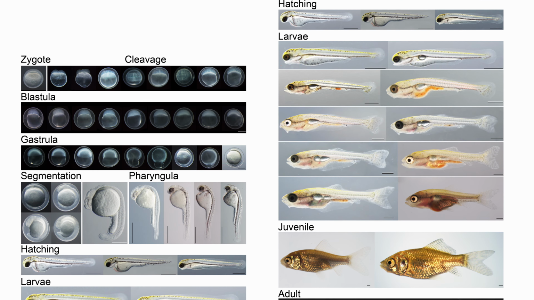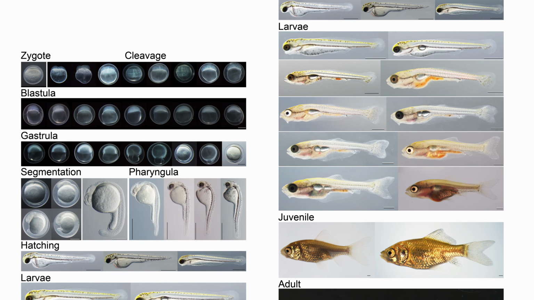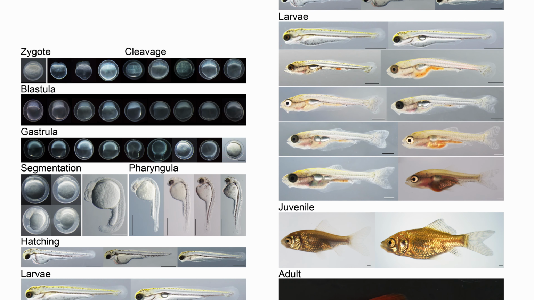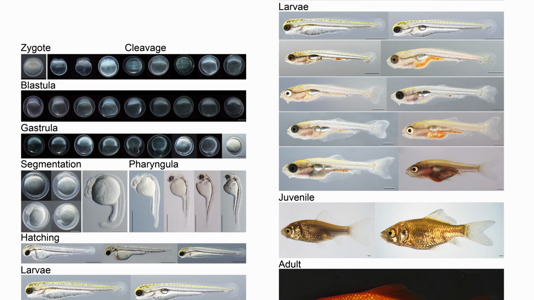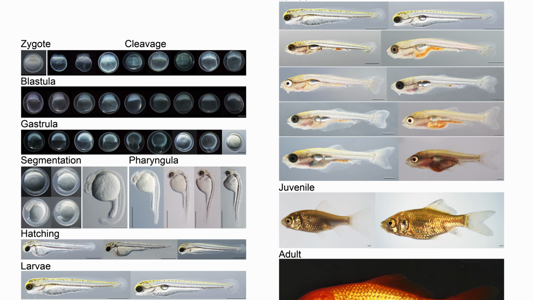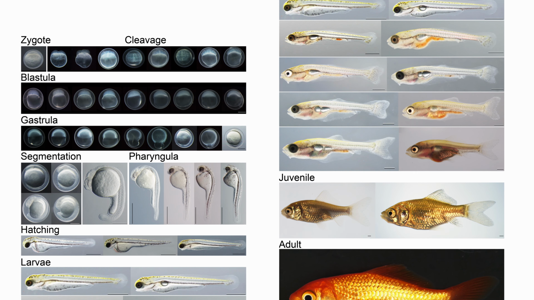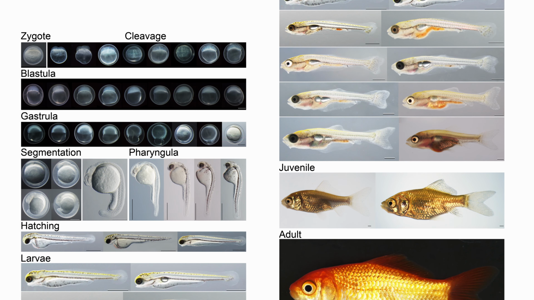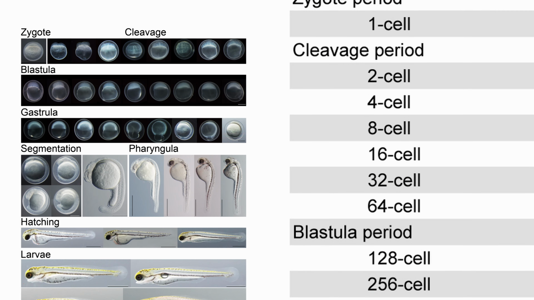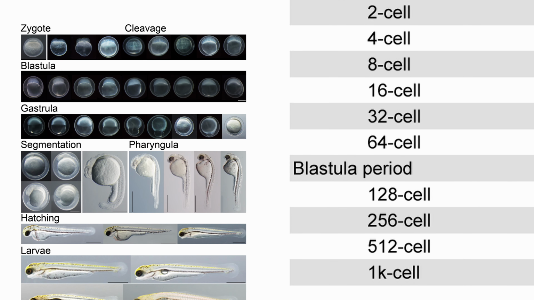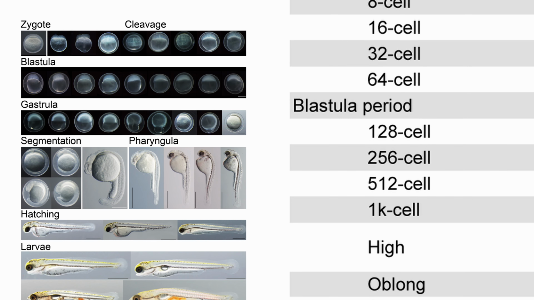Here are photos of goldfish fertilized eggs, embryos, larvae, and juveniles which have appeared several times in this series. These represent different stages of development. Each of these developmental stages has a specific name and number.